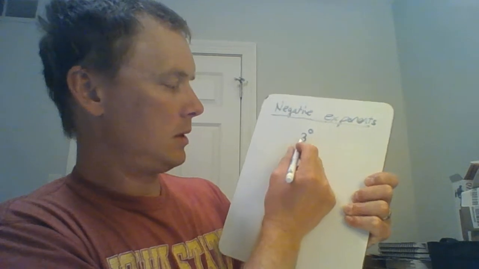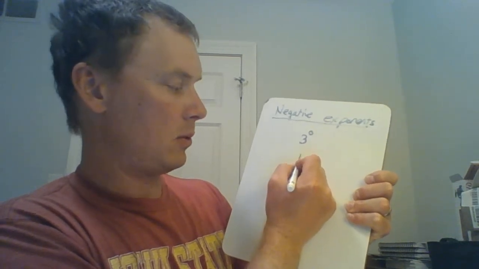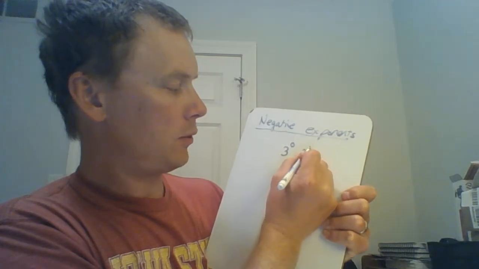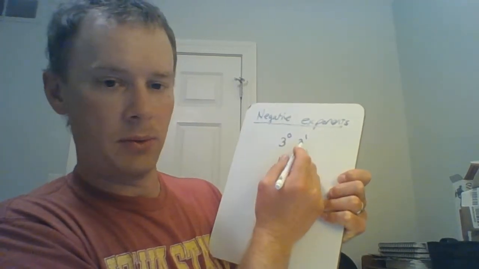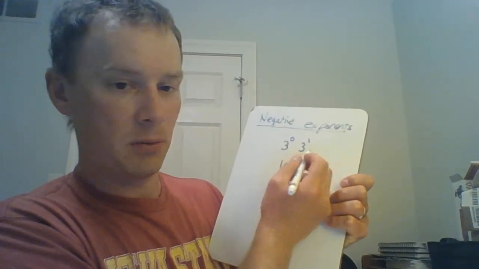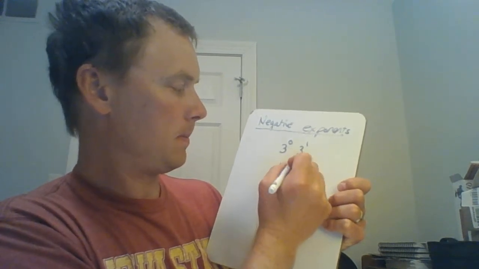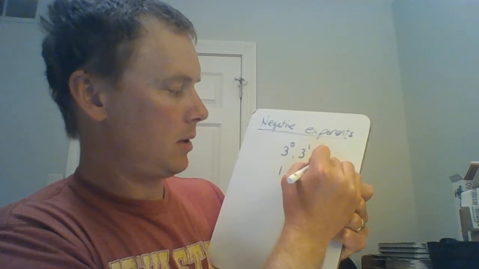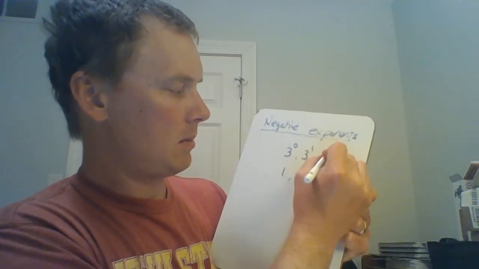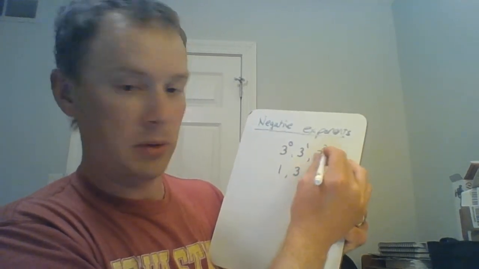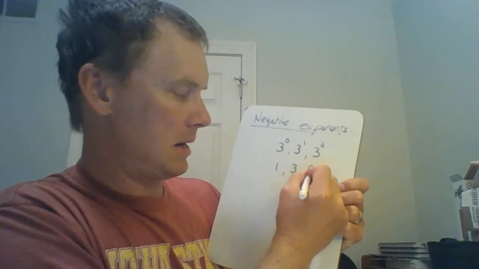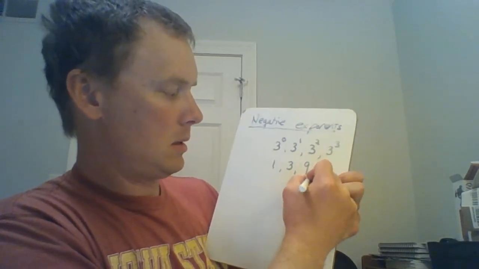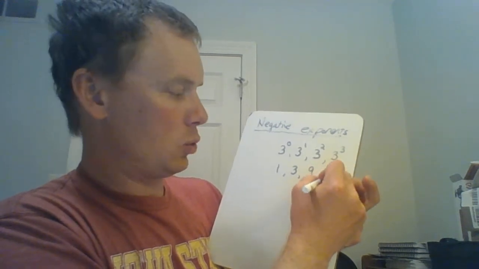We just said anything to the 0 power was 1, right? What if I have 3 to the first power? Well, 3 to the first power is 3 times itself 1 time, so it's just 3. And then over here, 3 to the second power, well, 3 squared, we know that is 9. What about 3 cubed? 3 times 3 times 3 is 27.